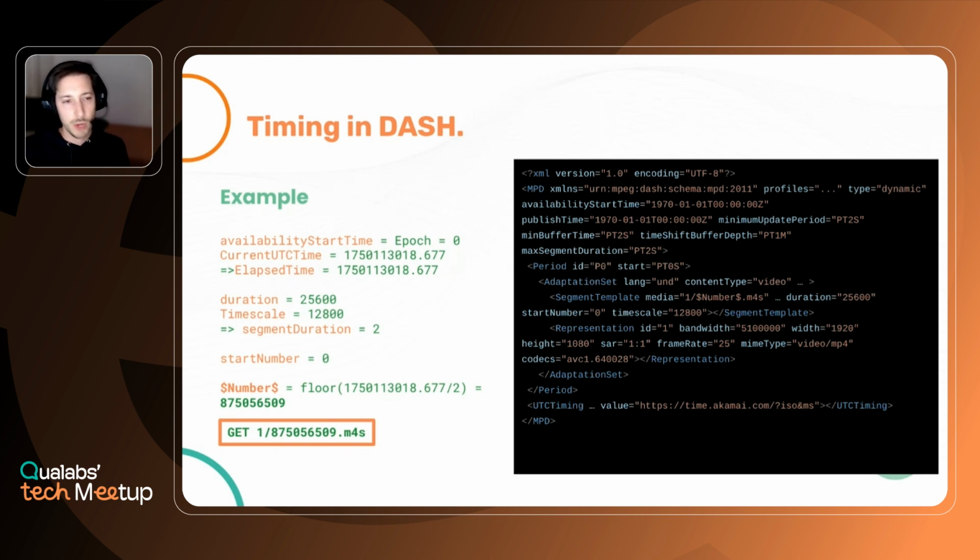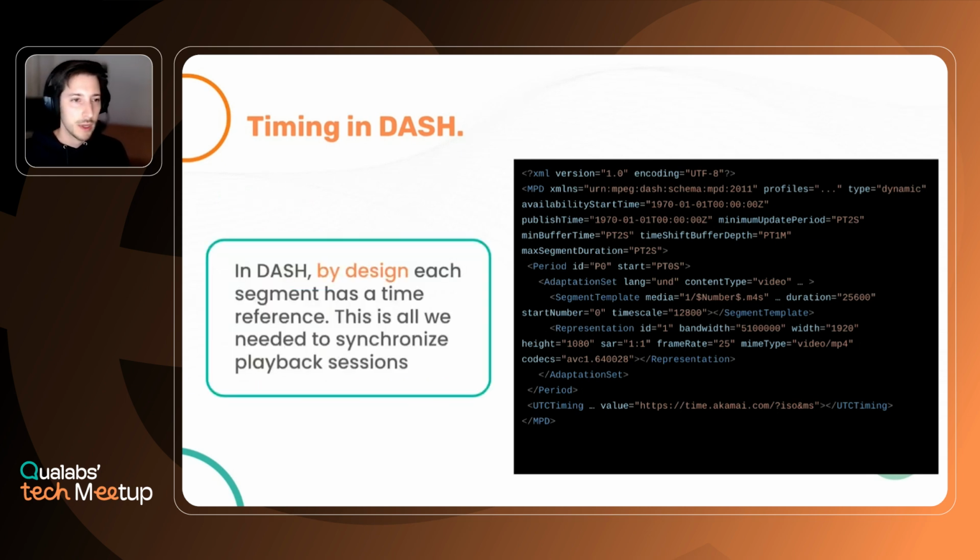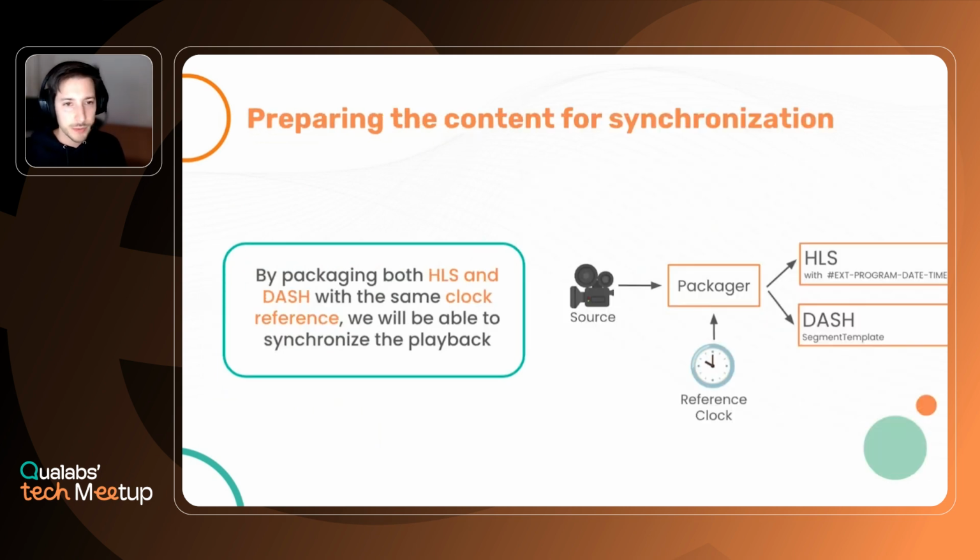And so we can calculate from the date what segment we should fetch now to watch the content. So in Dash, by design, each segment has a time reference. And this is all we need to be able to synchronize, because the segment by itself in this template-based Dash example has already the timing information needed to synchronize.